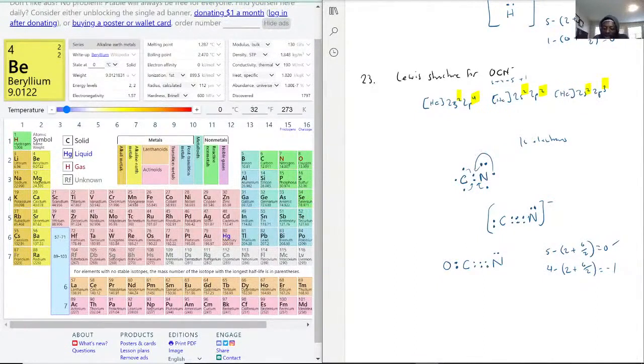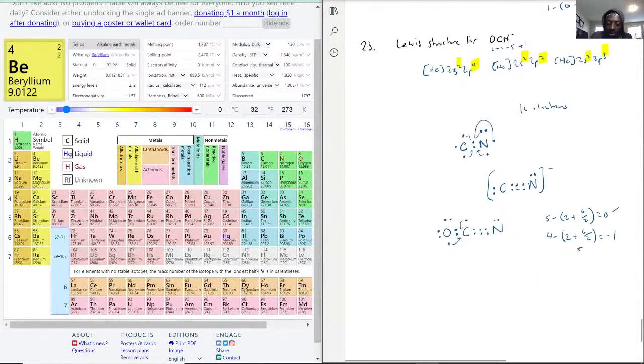Now it's sharing 1, so carbon still needs that 1 extra one to be that 5, because right now it's sharing 3 with nitrogen, 1 with oxygen, and 1 more. 2 plus 3, that's 5, that's how it has 5 there. The oxygen is sharing 1 right now, but it still has 5 more to account for. So 1, 2, 3, 4, 5, 6. So what's going to happen is that this will go in here, this will go in there, and now, ooh, would it? It would not, because that would actually break the octet rule.